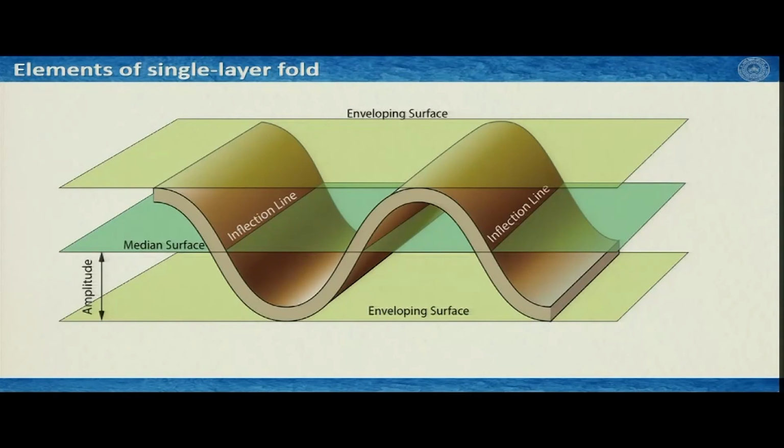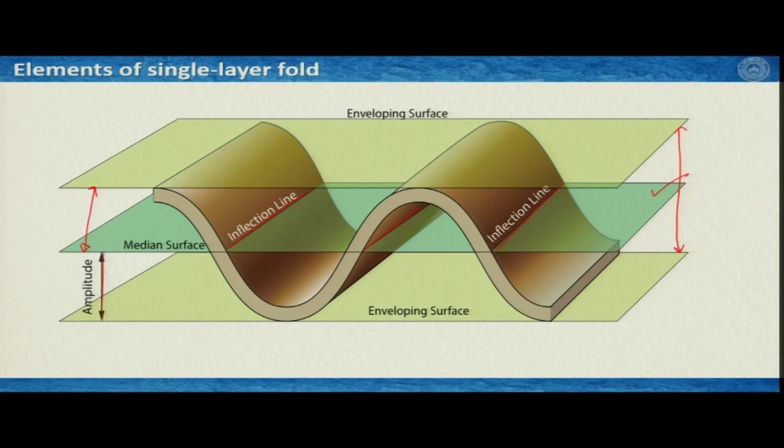So, again this is the fold, and this is the enveloping surface which envelops the fold. The distance from here is known as fold height. The median surface is the green one that connects the successive inflection lines and generates the median surface. The distance from one of the enveloping surfaces to the median surface, this one or this one, is the amplitude.